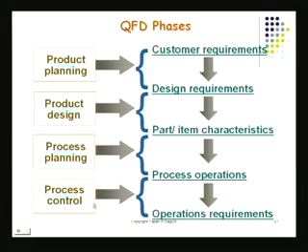Once that is known to me, then I'll bring in process control logic and I'll try to come up with operations requirements. So starting with customer requirements, I come all the way down to what am I going to be doing on the floor. And at every phase I've used QFD. That's what I've done.